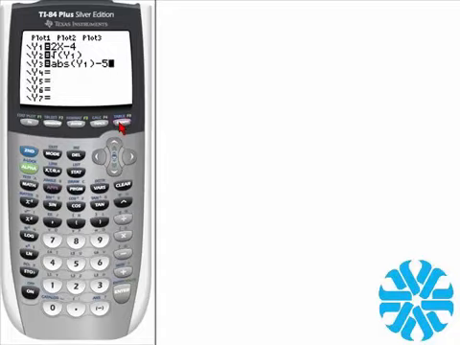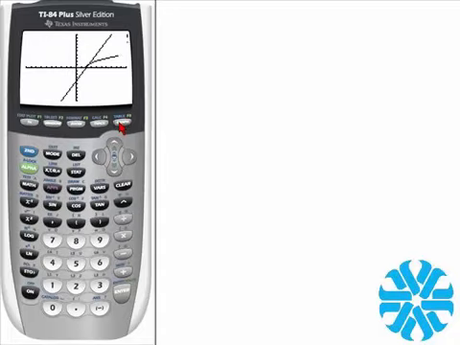We graph that. So here's the graph of the absolute value of y1 subtract 5. As you can see, the use of the vars key is very handy and useful when graphing functions. This concludes the video on using the table when graphing two functions and the use of the vars key.